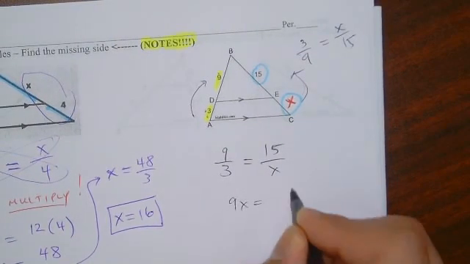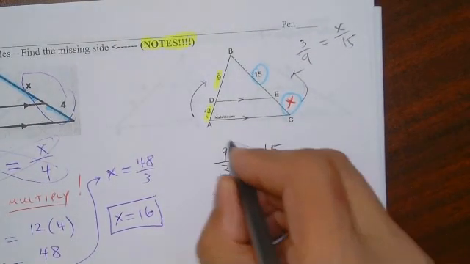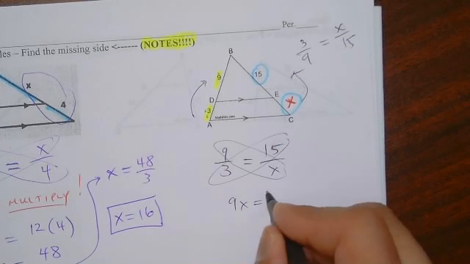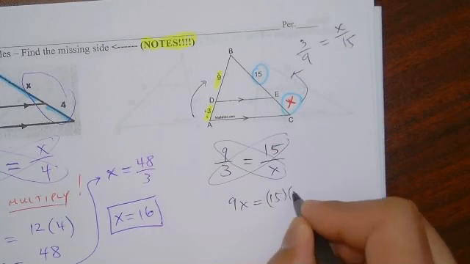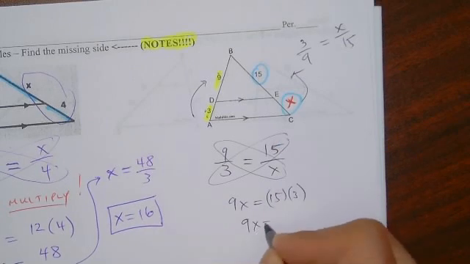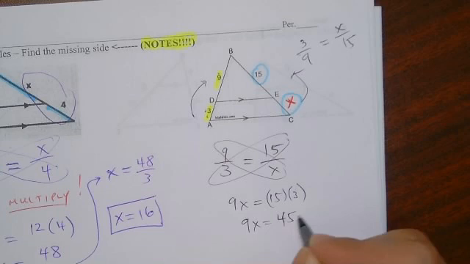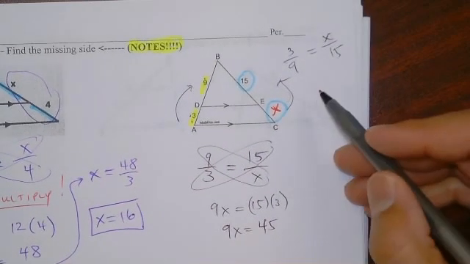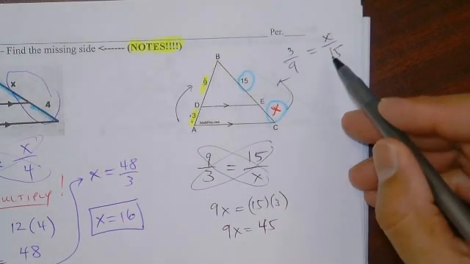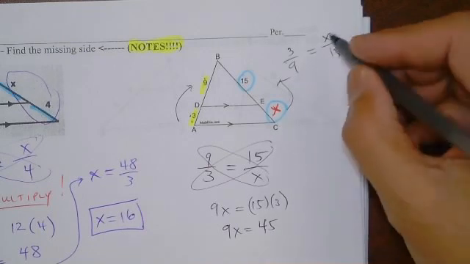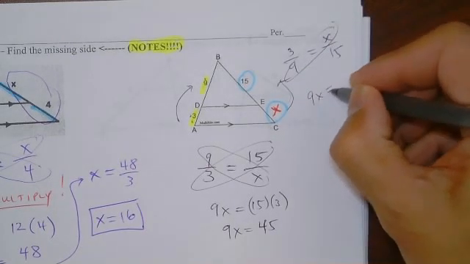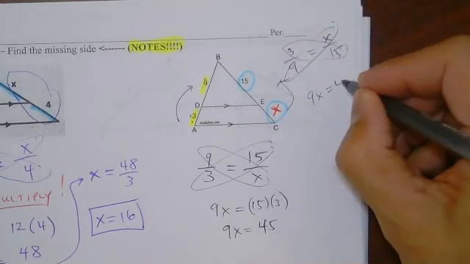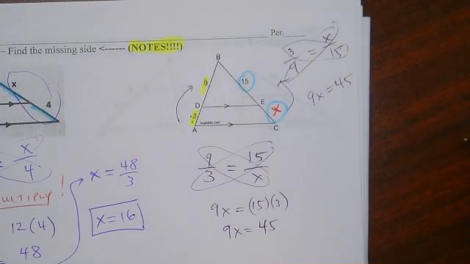But see here, when you cross multiply, you'll get 9x equals 15 times 3. Well, 15 times 3 is 45. And if you cross multiply over here, you'll get the same thing. You'll get 9x equals 45.